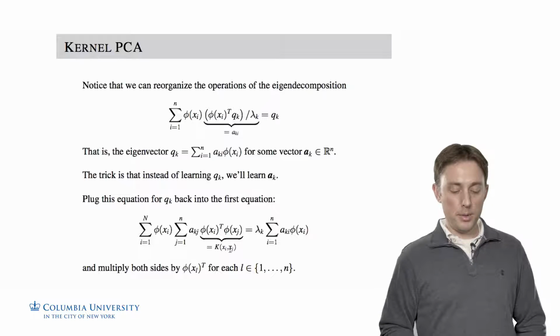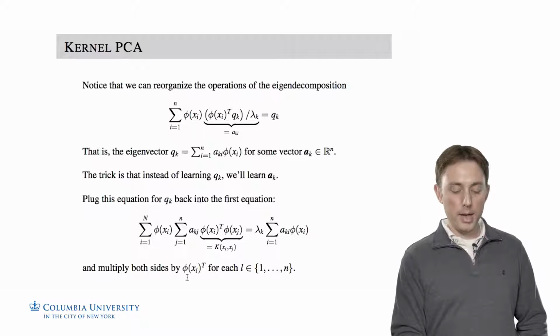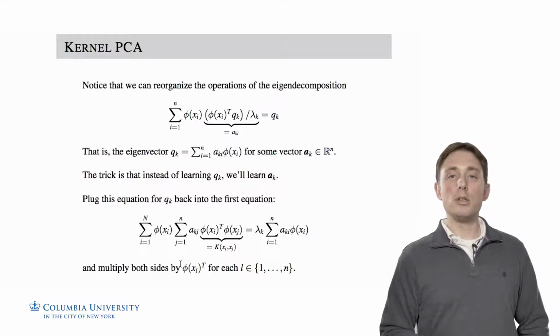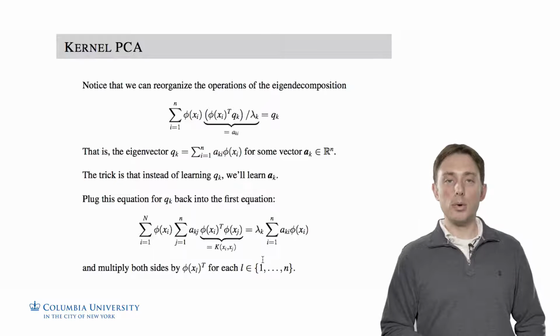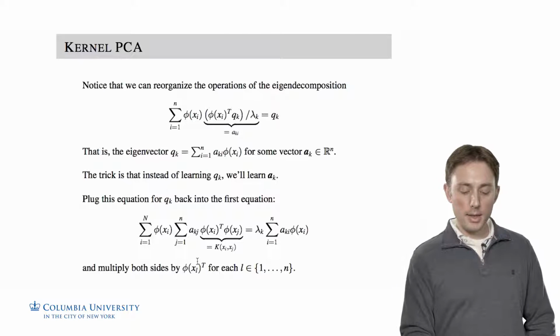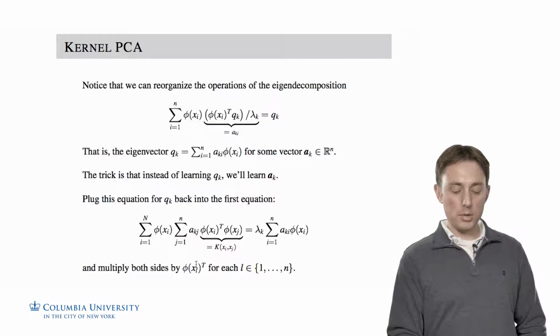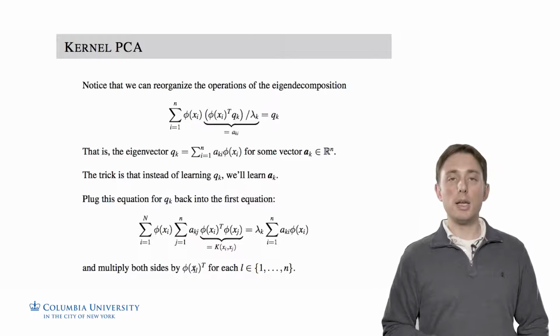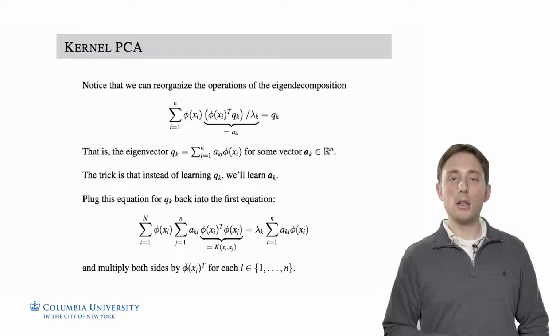The next step is to multiply the left and the right-hand side both by the projection of the nth data point for each of the n data points. So we take this vector phi of xl, it's a capital D-dimensional vector corresponding to the nth data point, and we construct a matrix where we have this along the nth column of that matrix.